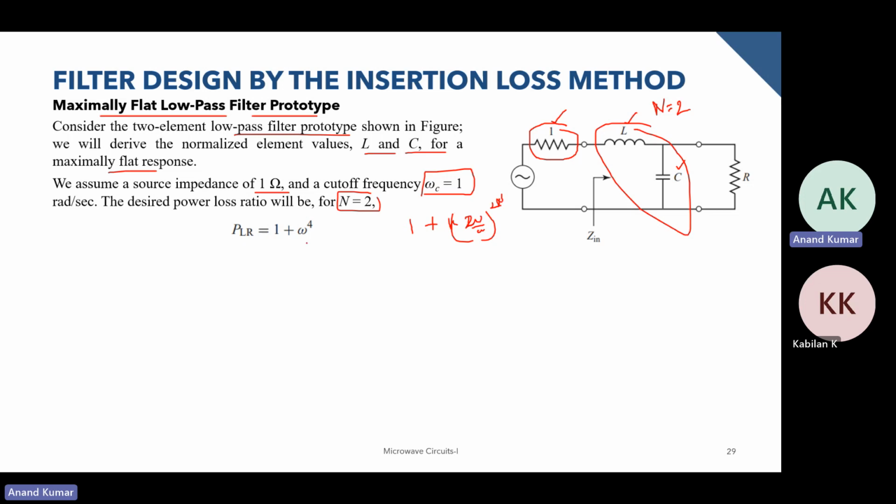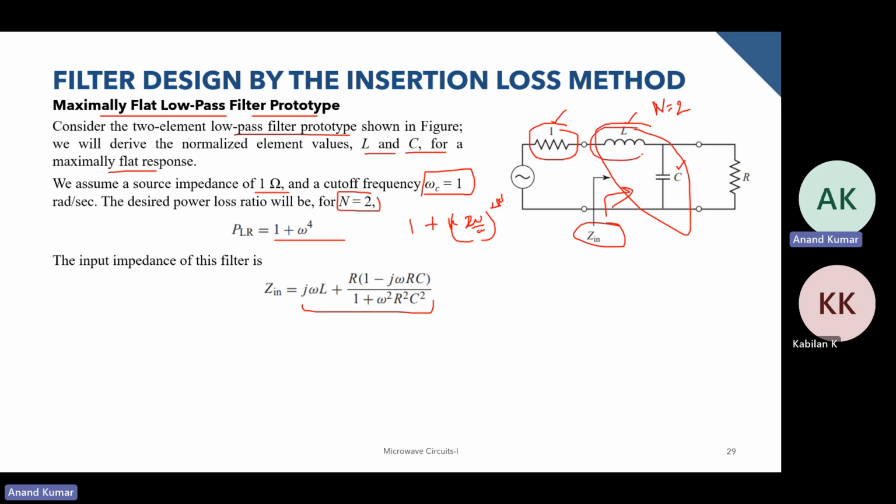So this turns out to be 1 plus omega power 4. Now we try to find the input impedance looking from over here, and you can try solving this, and this is what we will achieve: 1 plus j omega L, and this parallel term over here.